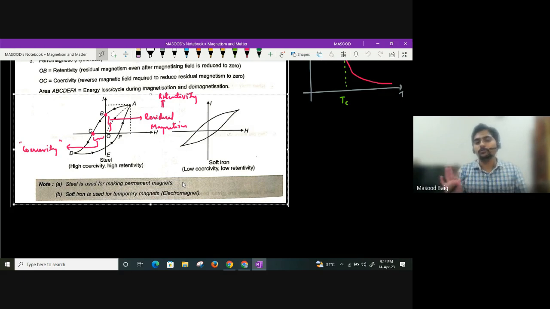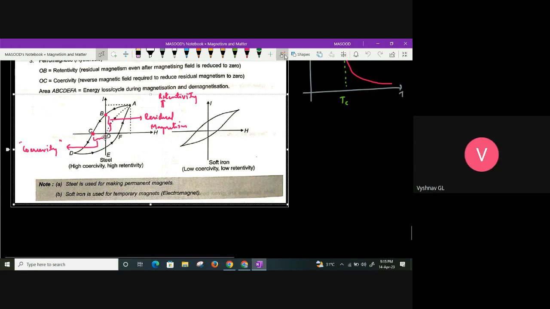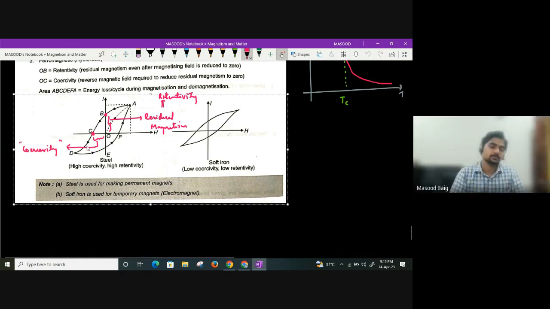Even if you remove the field, there will be some magnetism left in whatever material you are taking. So that residual magnetism is called retentivity. If I want to remove the residual magnetism, I'll apply some reverse magnetic field. So what is the reverse magnetic field here? Coercivity. Clear? Any doubts in whatever we have discussed, guys?